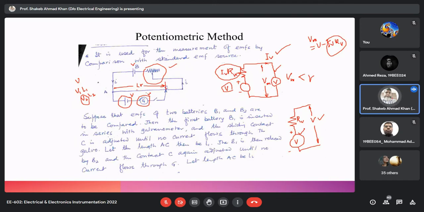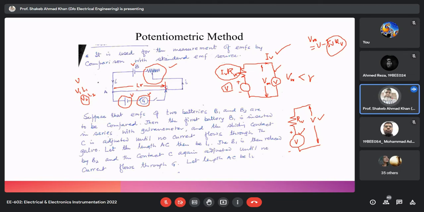Now when there is a null deflection, this means no current is entering into the potentiometer circuit, and no current is leaving from the potentiometer circuit to this circuit. So whatever current was originally flowing when we were not connecting the jockey, the same amount of current will flow when there is a null deflection.